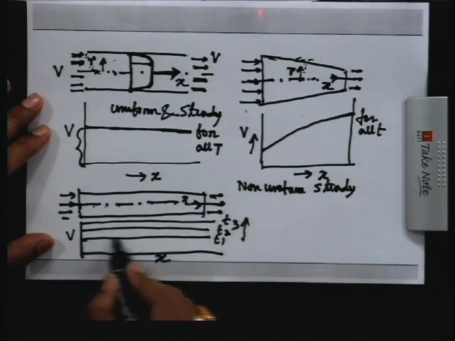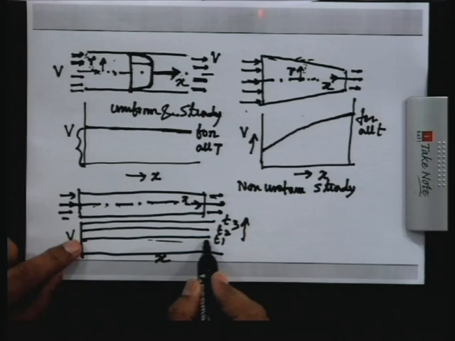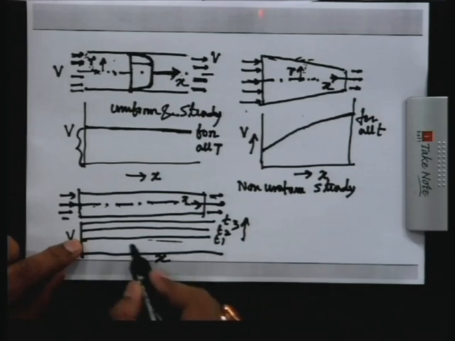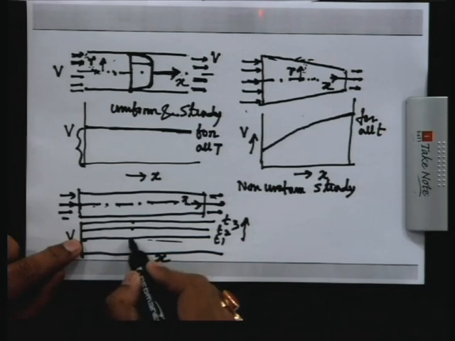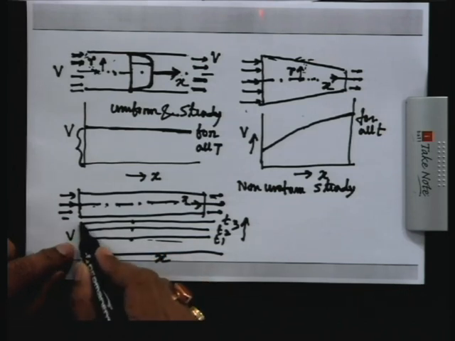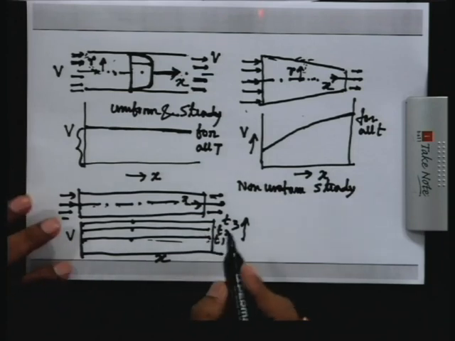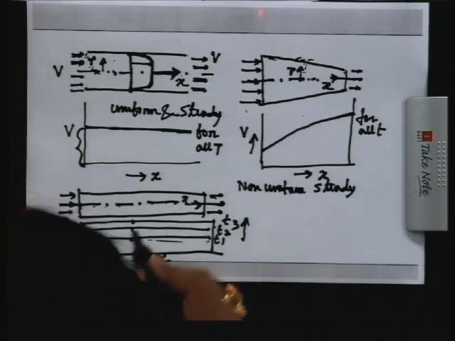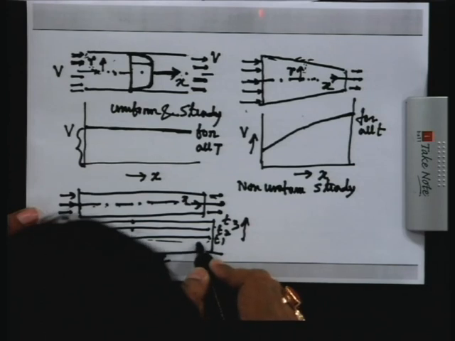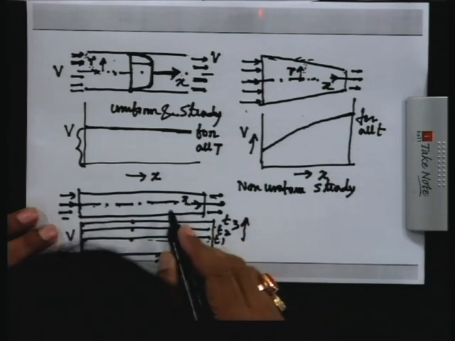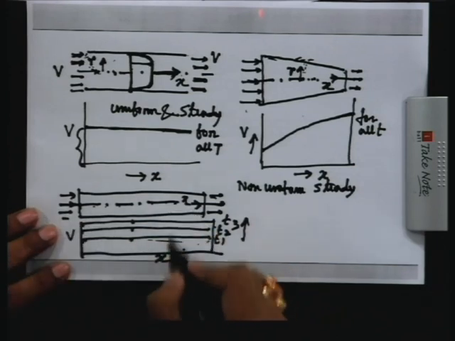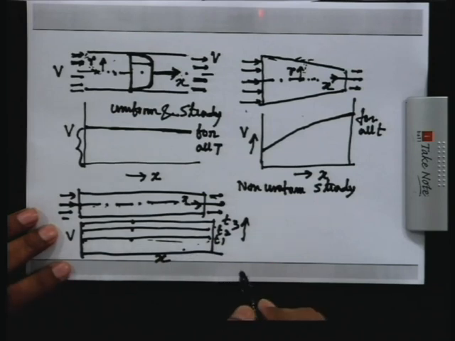That means the velocity is constant along the x direction, it is uniform, but at any location the velocity changes from time to time. This is because of a change in velocity at inlet and outlet from time to time. So, this is an example of uniform but unsteady flow. I cannot write this because of the shortage of space.